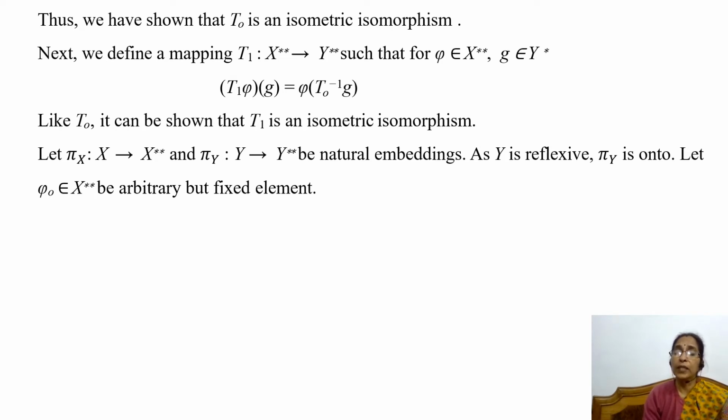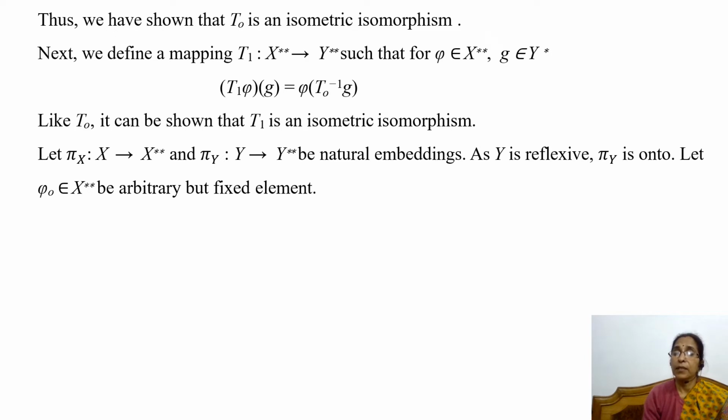And here we can check T1 phi is also a bounded linear functional, because we have shown that T1 phi is equal to phi T naught inverse, and since T naught is linear, T naught inverse is also linear. Phi is linear, and so their composition is also a linear mapping.